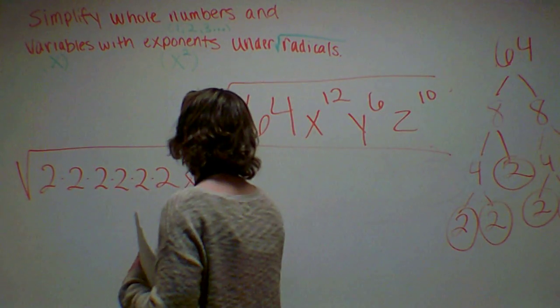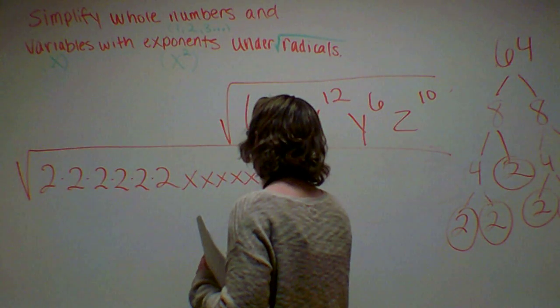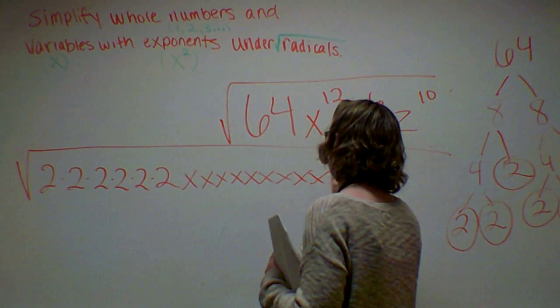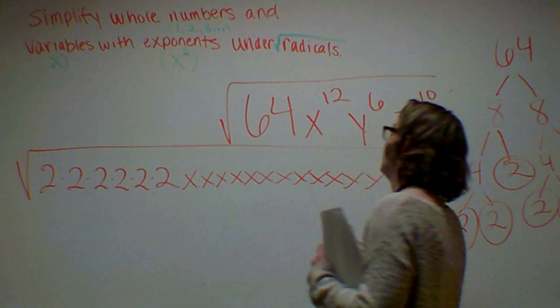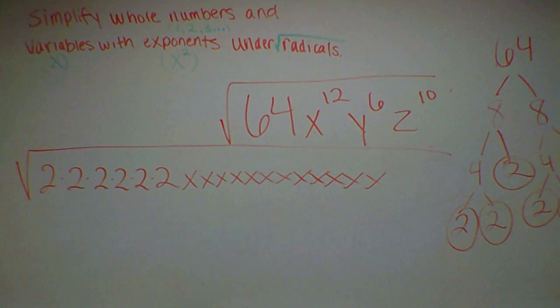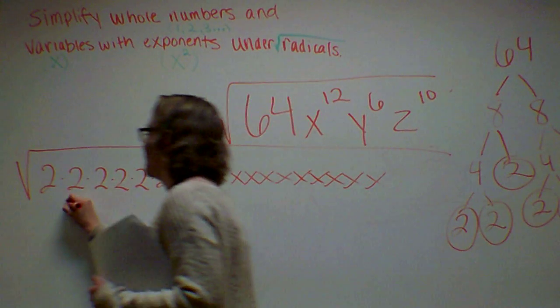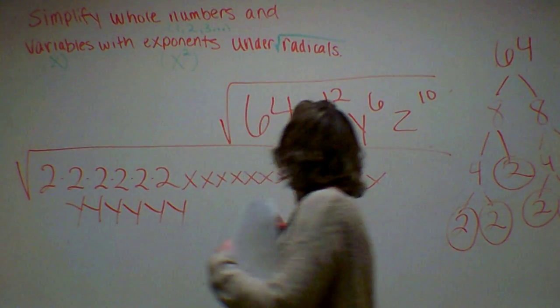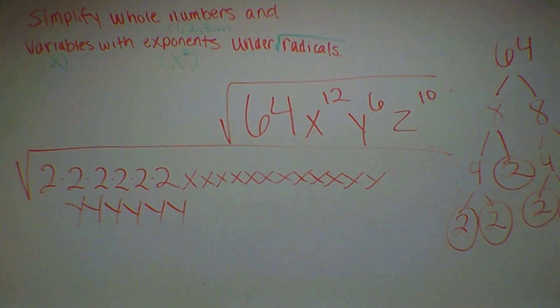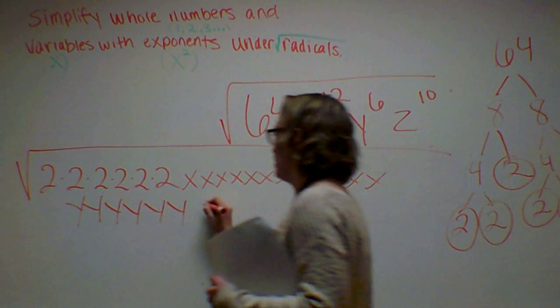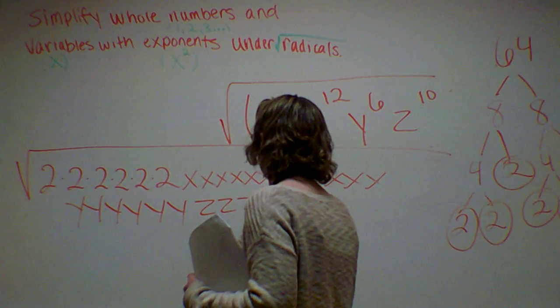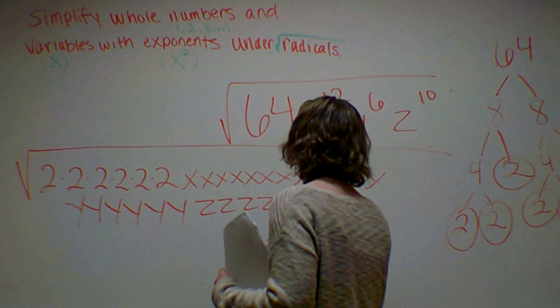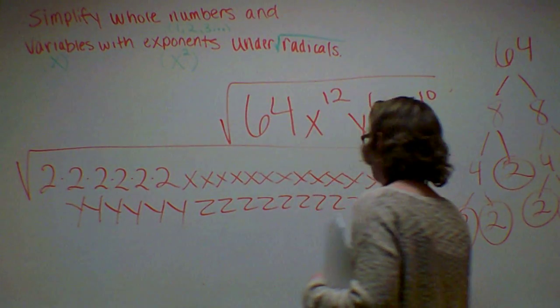Whew. 1, 2, 3, 4, 5, 6, 7, 8, 9, 10, 11, 12. Now what? The Y's. How many? 6. And then how many Z's? 10.